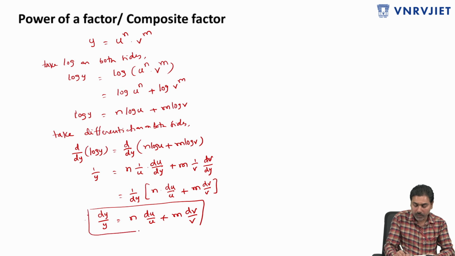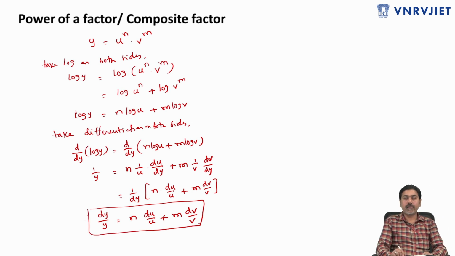This is the final limiting error of the measured value y. And this is the relation between the two parameters u and v when they are having the power of a factor or composite factor. It is simply the individual limiting errors multiplied with this power factor and summed up, giving the final measured limiting error.